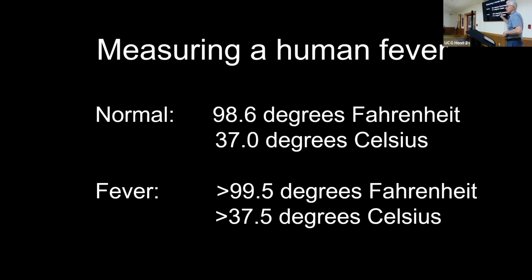And then 100 on the Celsius scale is the point where water, a liquid, changes to a gas, the boiling point at sea level. So we can measure the fever very easily with humans. Fever being 99.5 Fahrenheit or 37.5 centigrade or Celsius. Anything above that is a fever.